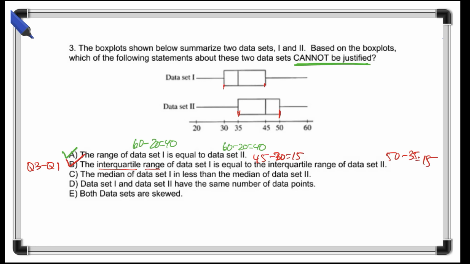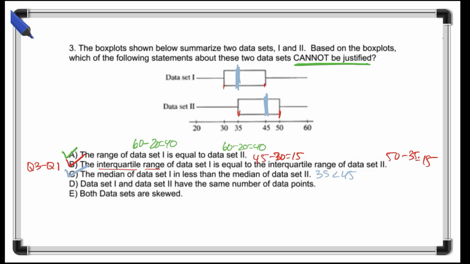So this is good. Let's see. The median for data set 1 is less than the median for 2. So that's 35, and that is less than 45. That is good.